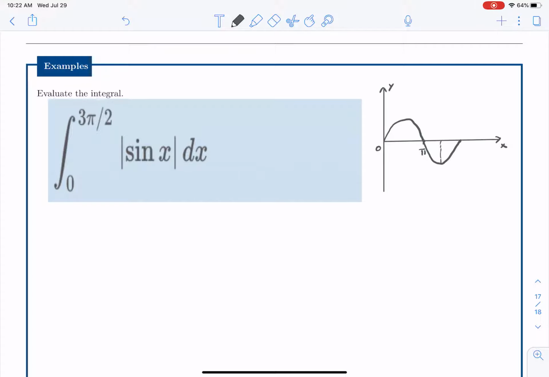So between 0 and pi, it is just sine x. It's positive. Between pi to 3 pi over 2, it is negative sine x.